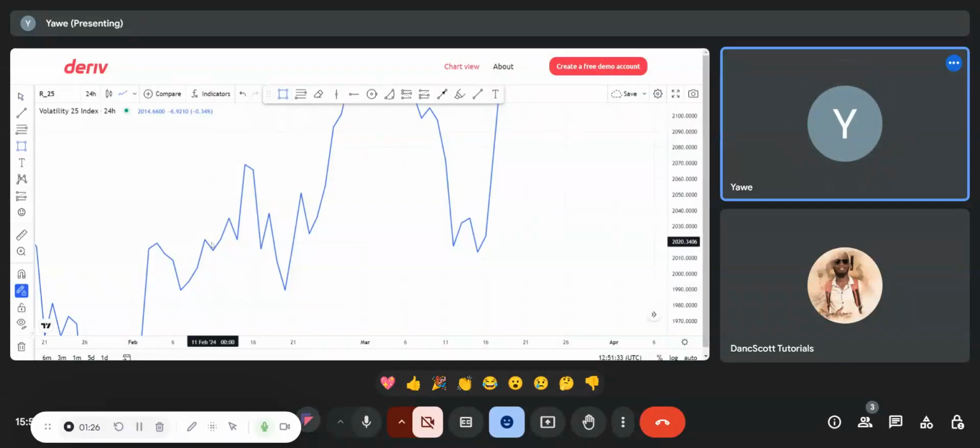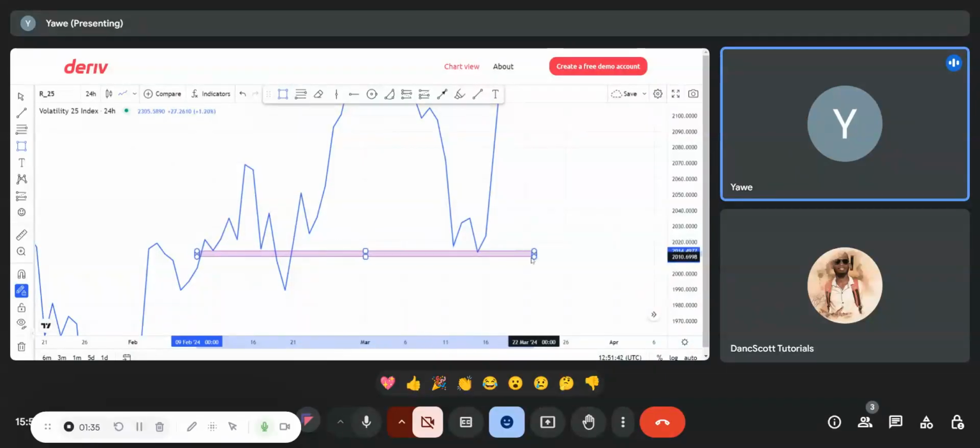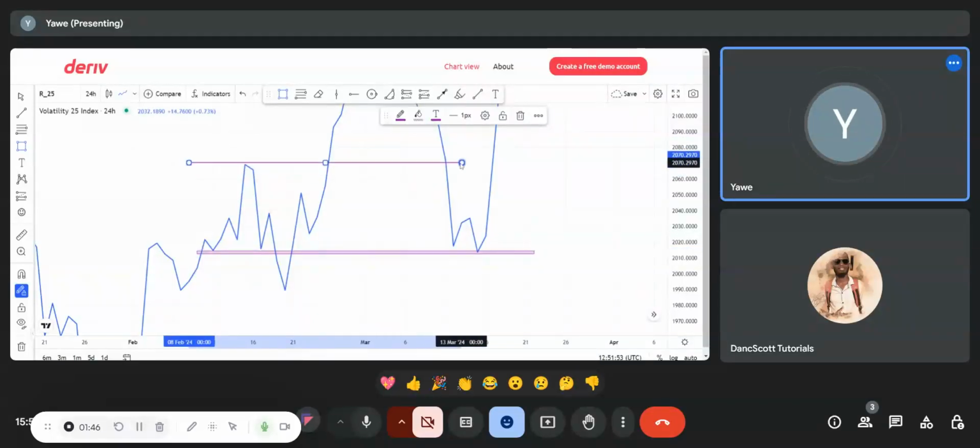I marked the first support at that level, and I marked the resistance up here.